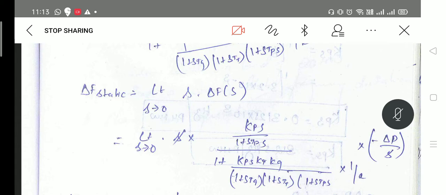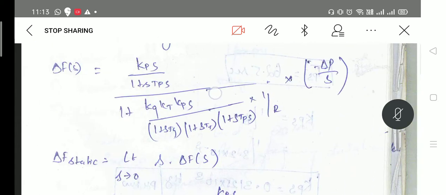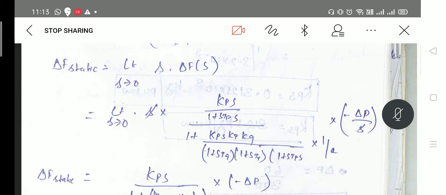So in place of delta F of s we substitute this whole value, and we get s into Kps into 1 plus sTps and 1 plus Kps Kt Kg by 1 plus sTg, 1 plus sTt, 1 plus sTps, into 1 by R, delta PD by s. Here the s terms cancel, and we can substitute 0 in place of s.